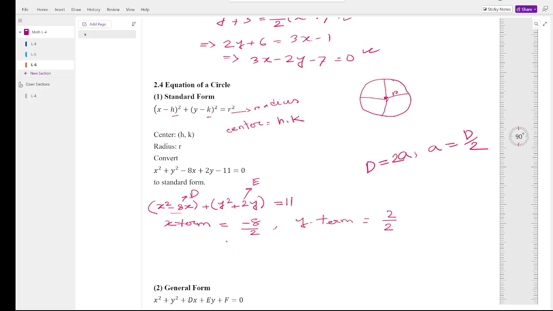So we find here for the x term it is -4, and for the y term it is 1.